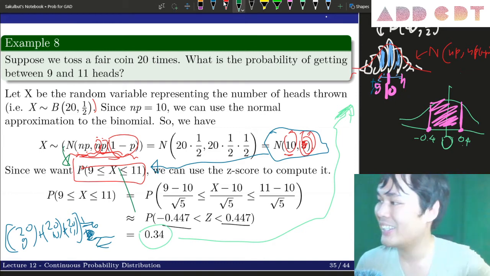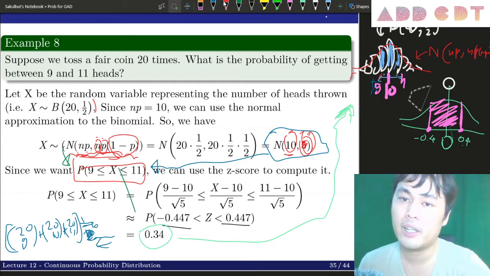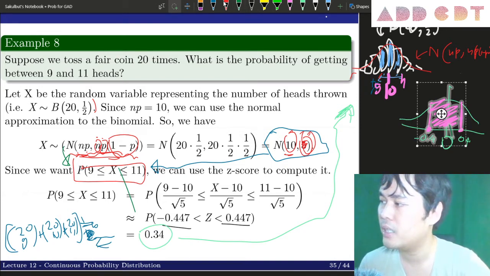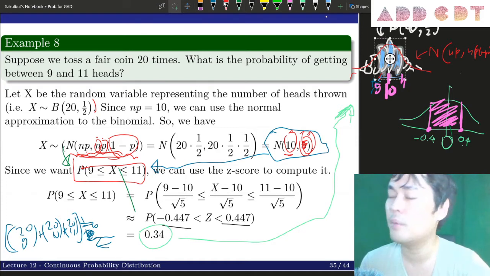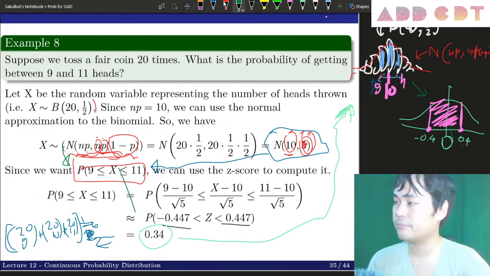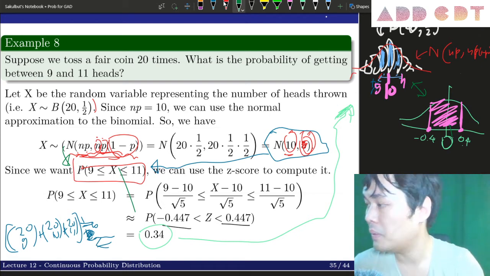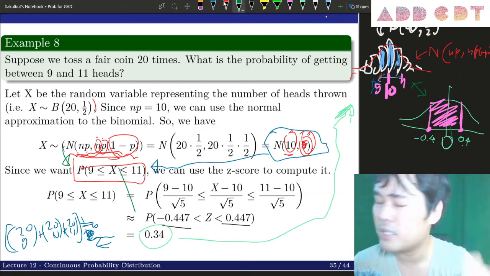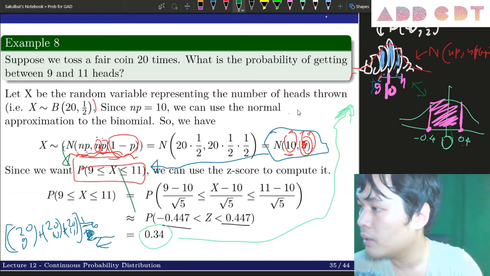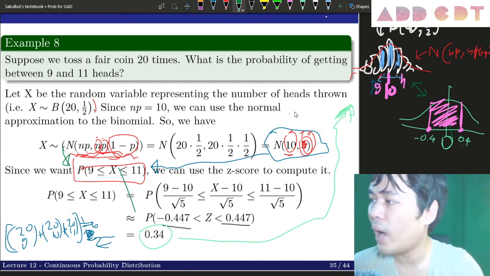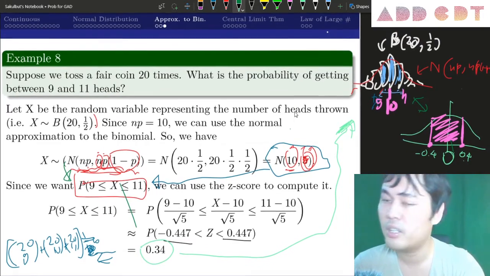And the area of that pink region is going to approximate the area of the blue region. I'm not expecting you to be able to complete the whole thing, maybe just part of it, but just to illustrate why we have to study the normal distribution.